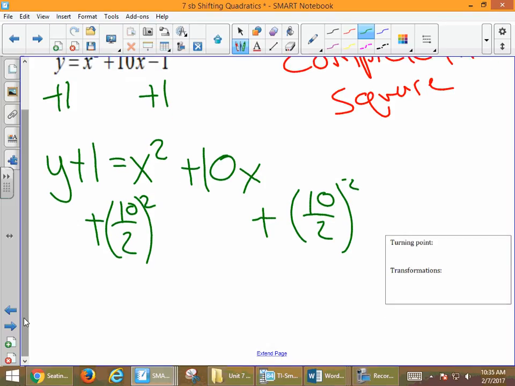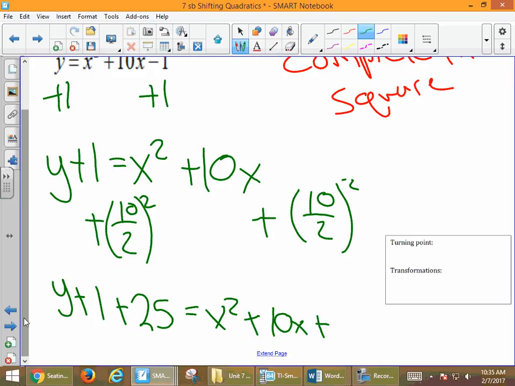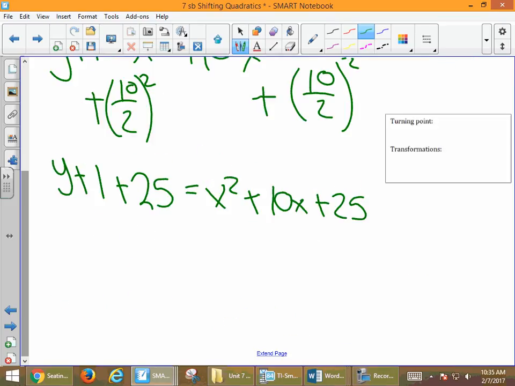If we simplify this, we get y plus 1, which 10 divided by 2 is going to give us 5, and 5 squared is 25. And then so we have x squared plus 10x plus 25 because it's the same on both sides. And now we can simplify our left side. We get 1 plus 25 is 26.